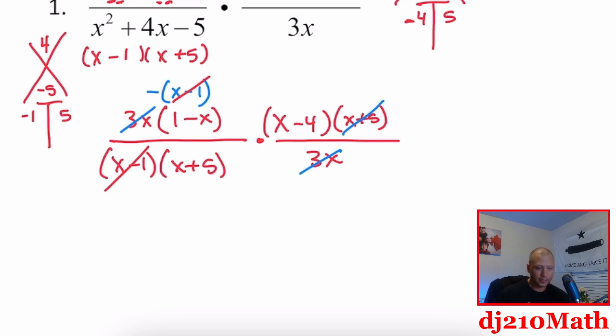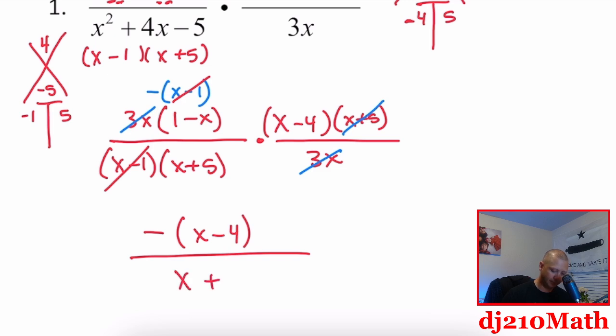There's going to be a lot of scratches and canceling happening. You've got to be able to see through the clutter. So what's left behind? Can't forget about the negative. There's a negative left behind, an x minus 4 up top, and in the bottom, x plus 5.